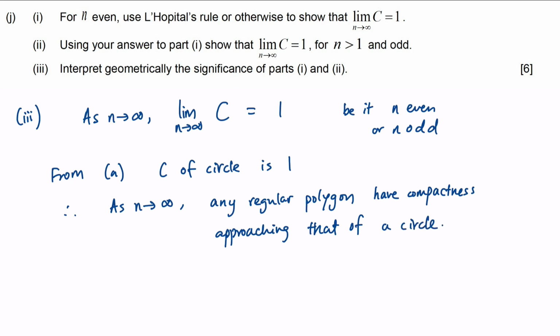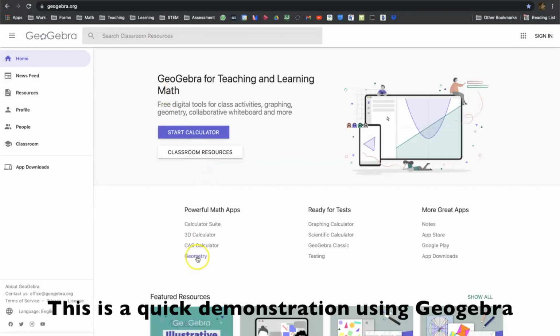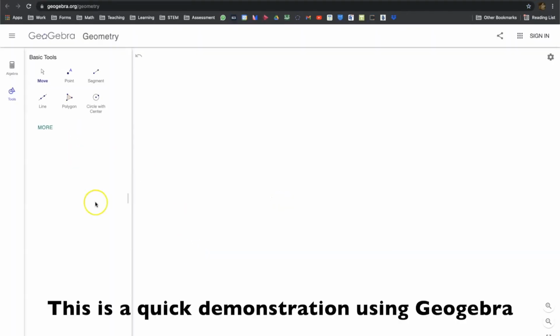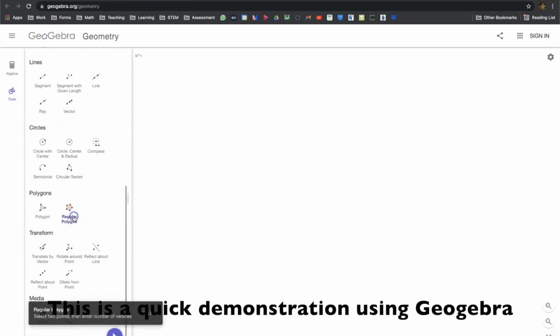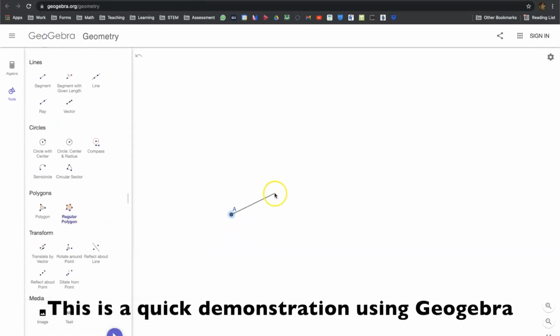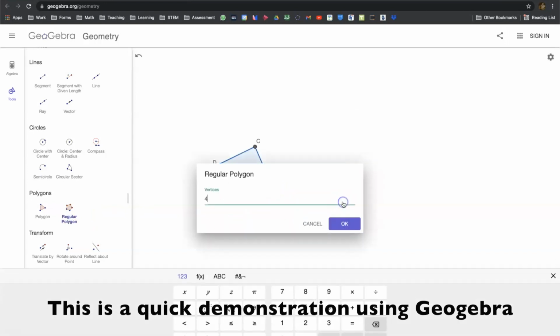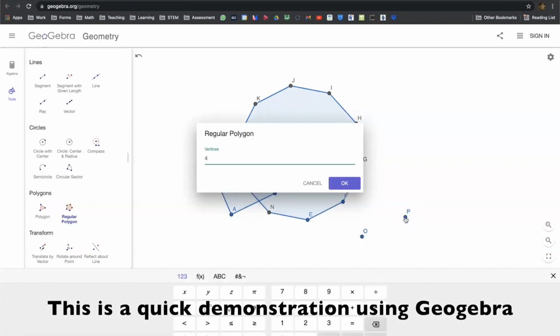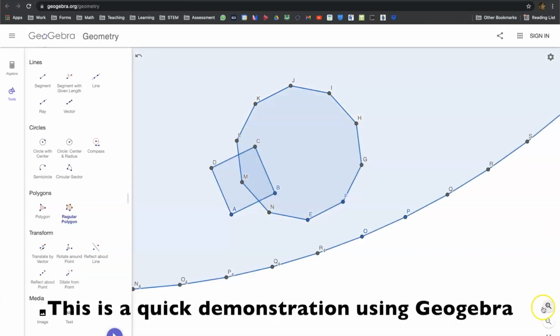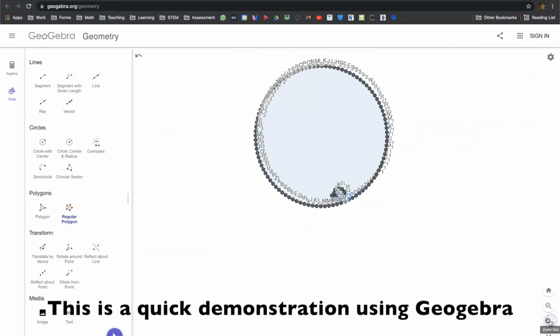Which kind of squares with the physical idea. If you take a general regular polygon and you increase the number of sides, it will look like and approach a circle. And this particular investigation helps us to see that it really does, physically and mathematically, approach that of a circle as well.